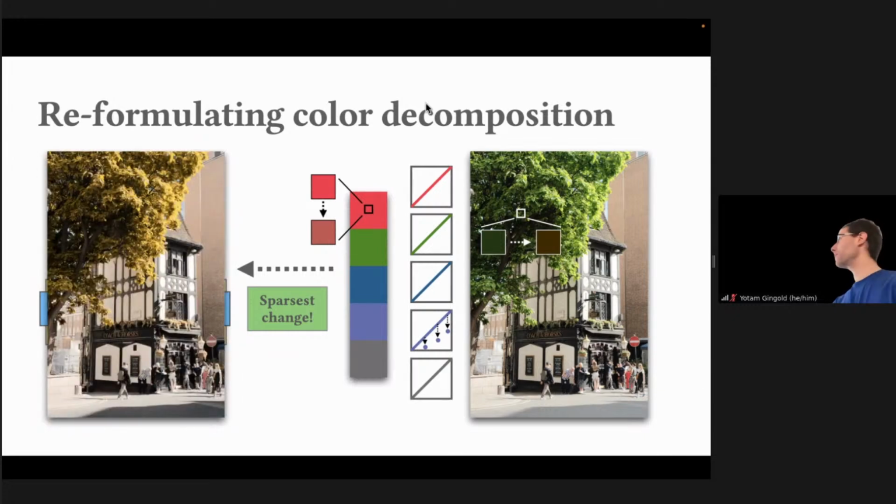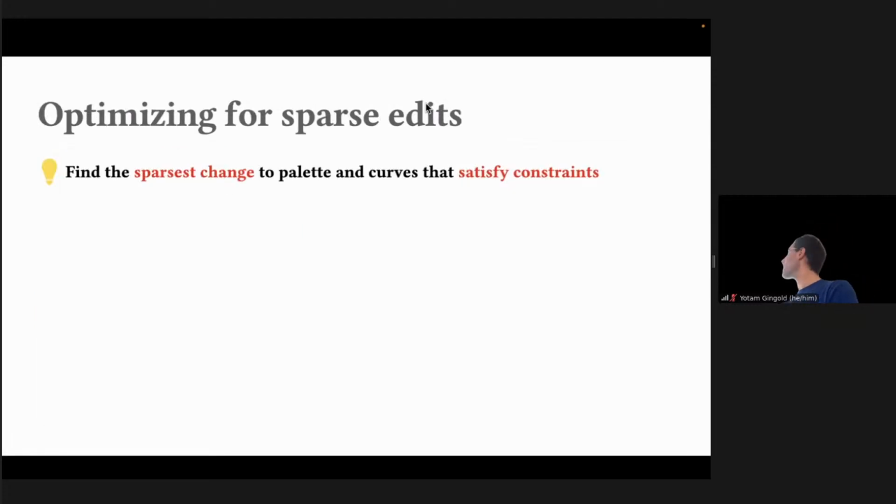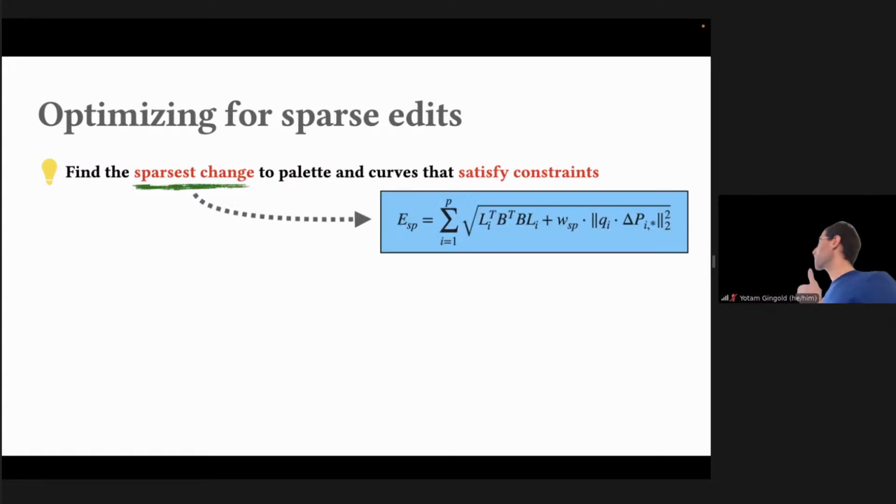Okay, so how can we find the sparsest change that satisfies some constraints? We can express our sparsity with this L2,1 norm. The L2,1 norm measures how far colors are moving in Euclidean distance in color space, but then the one means we're taking the square root before we sum things.